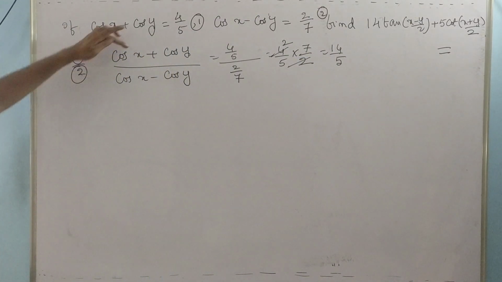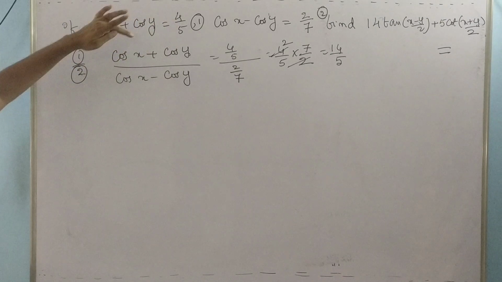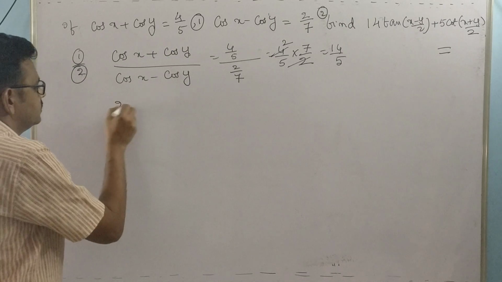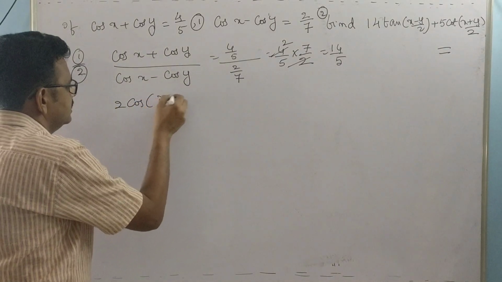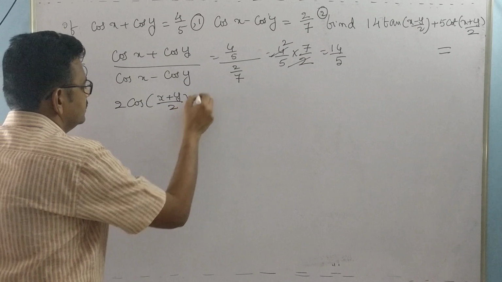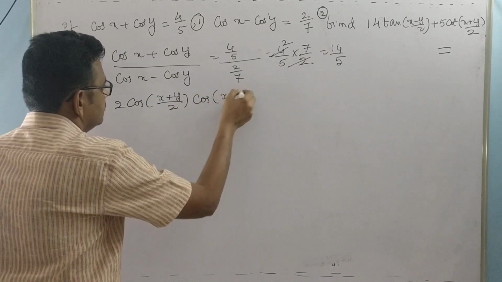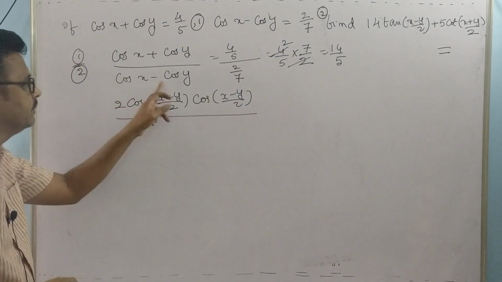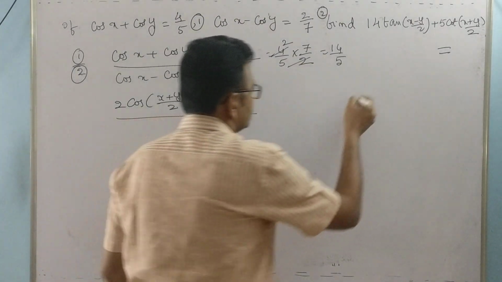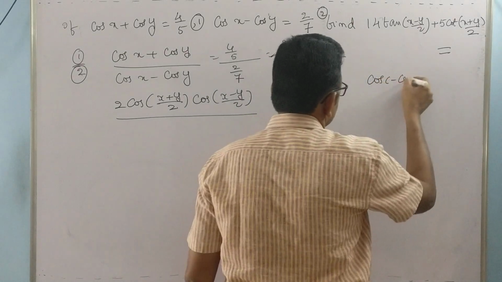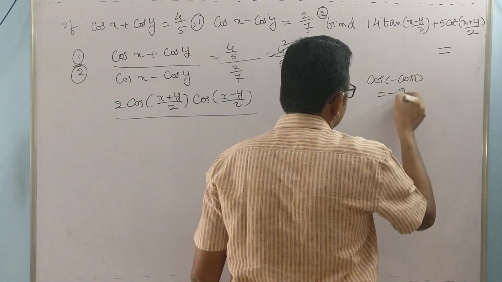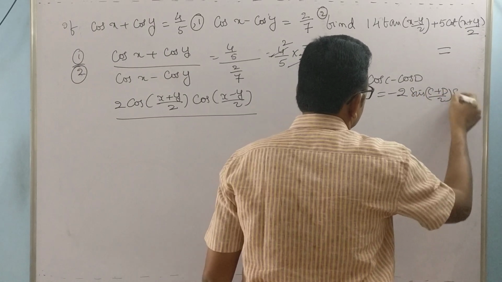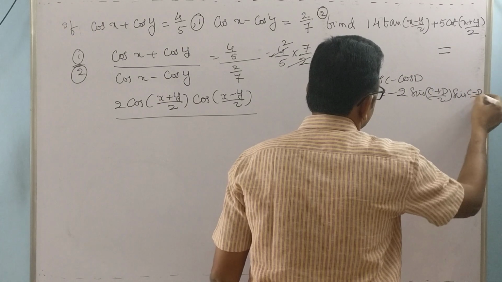Now this is in cos C plus cos D form. Applying cos C plus cos D, what is cos C plus cos D? 2 cos (C plus D) by 2 into cos of (C minus D) by 2, by cos C minus cos D, which is equal to minus 2 sin (C plus D) by 2 into sin of (C minus D) by 2.